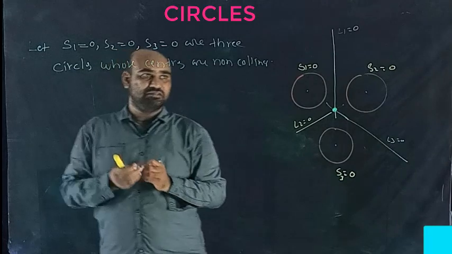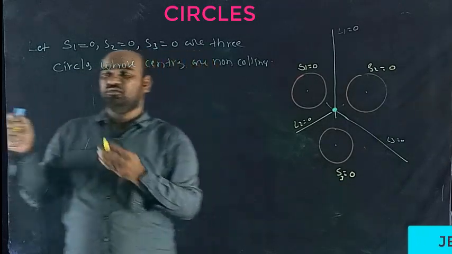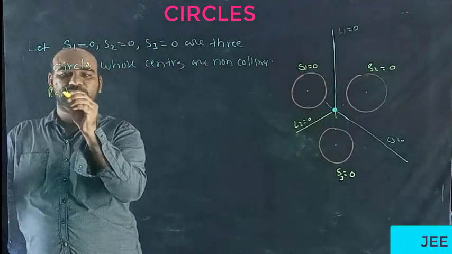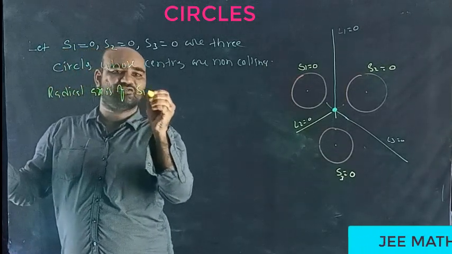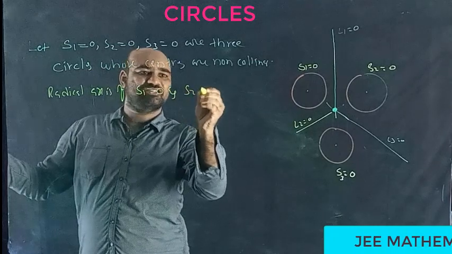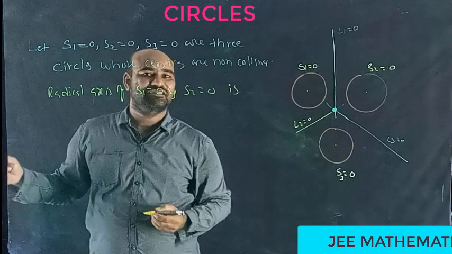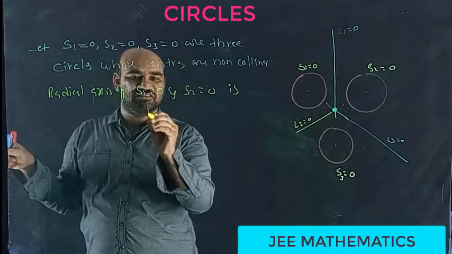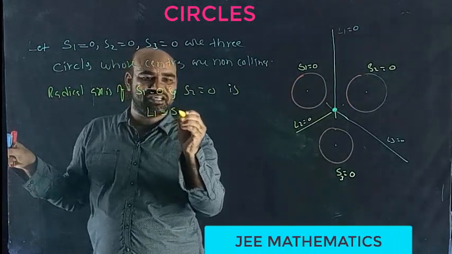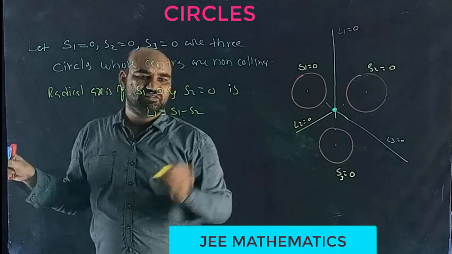The radical axis of S1 equal to 0 and S2 equal to 0: we just need to subtract S2 from S1, and what we get is the radical equation. So L1, which is nothing but S1 minus S2 equal to 0.